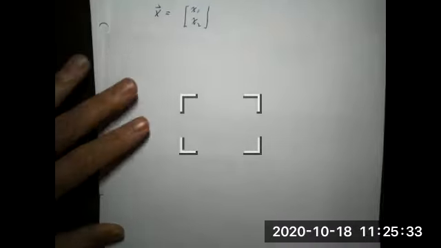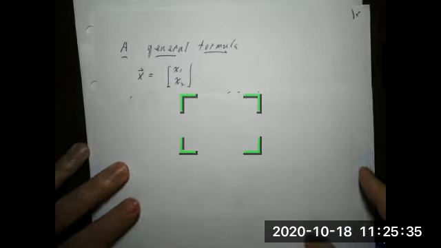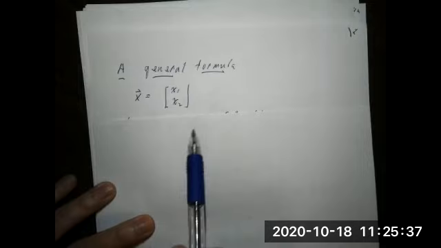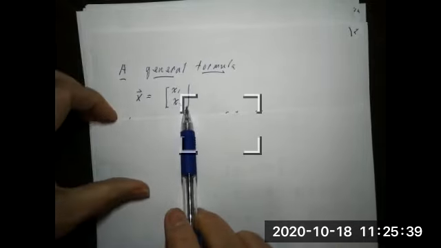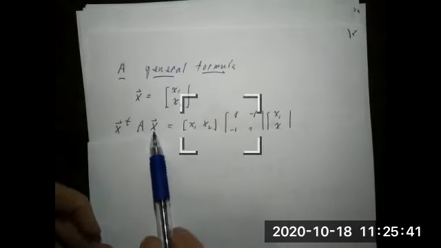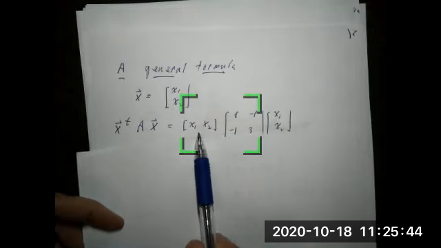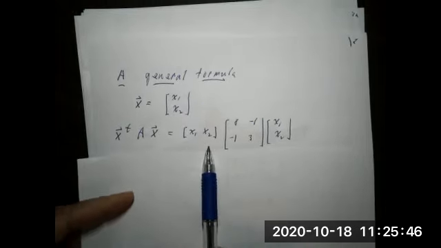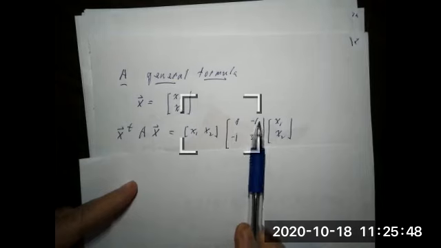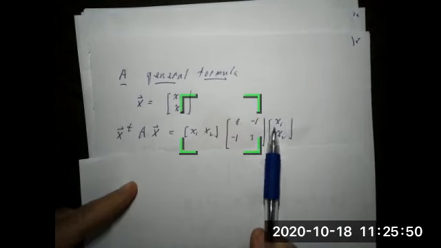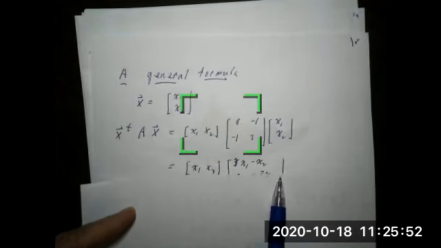In fact, we could get a general formula for the quadratic form. So let's suppose now that x is the vector (x1, x2), and let's expand x transpose A x. We'd have (x1, x2), here's our matrix [3, -1; -1, 3], and our column vector (x1, x2).